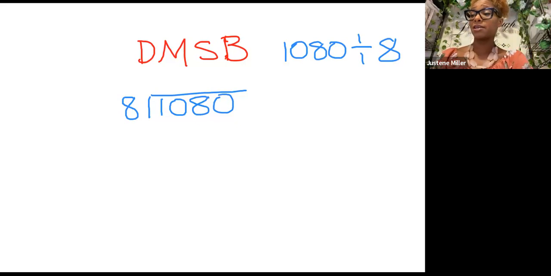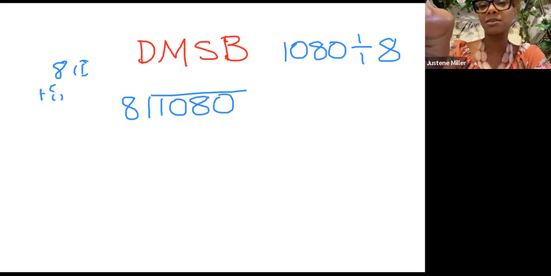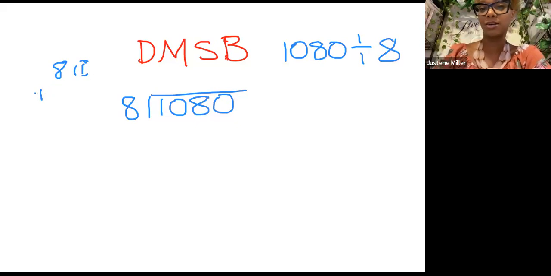So remember, if you are not fluent with your fast facts yet, you might want to write your multiples of 8 using repeated addition on the side. So first, you have 8, and that is one group of 8, plus another 8 gives me 16.